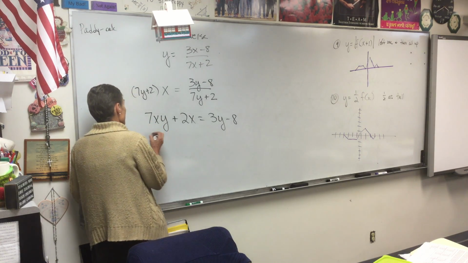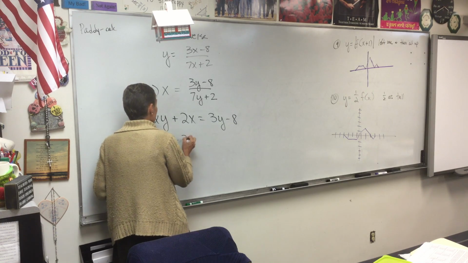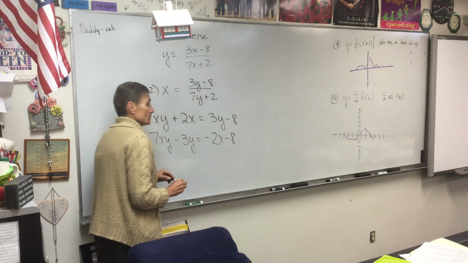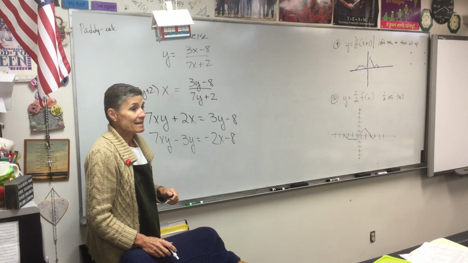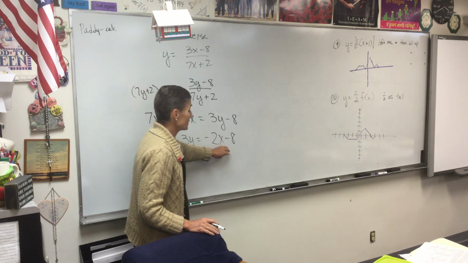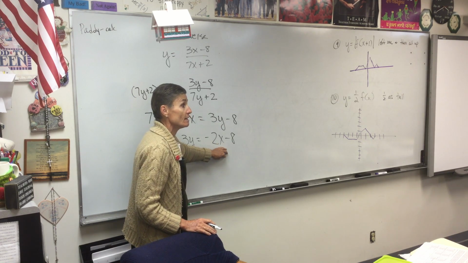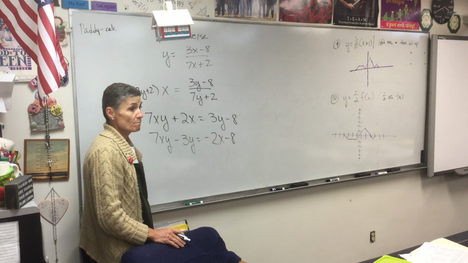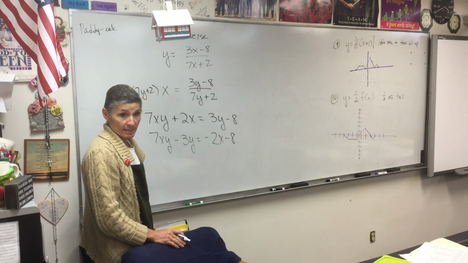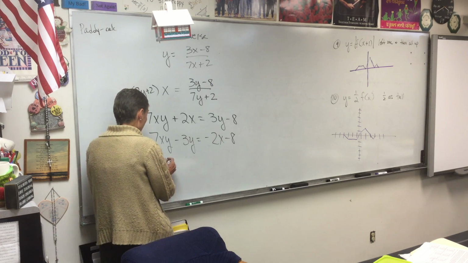All the y's on the same side. So you're just going to move things around so that anything with a y is on one side and anything without a y is on the other side. Now what do we do? Pick up the y. Take out the y.